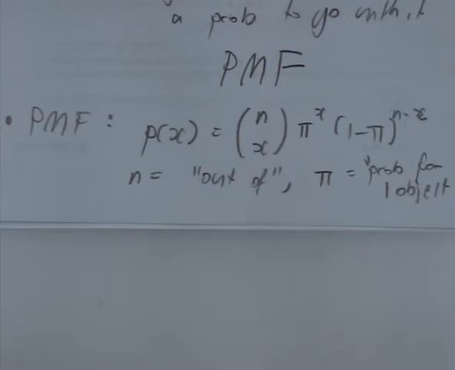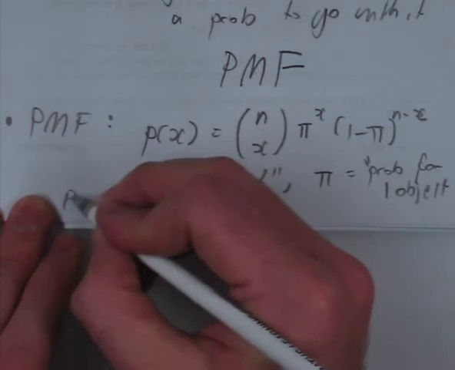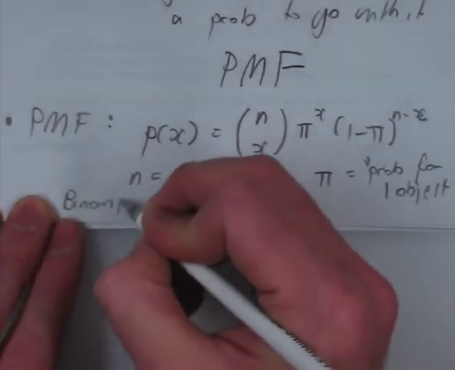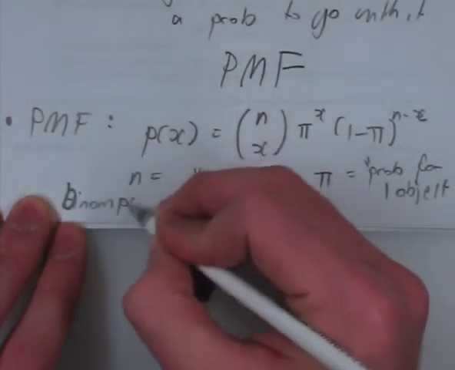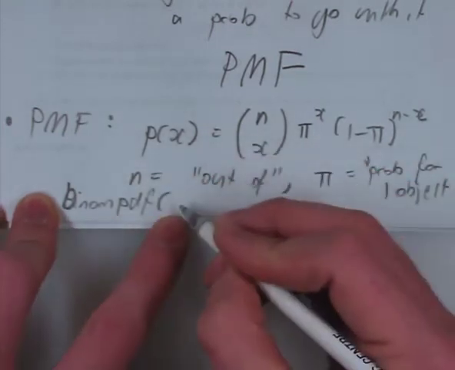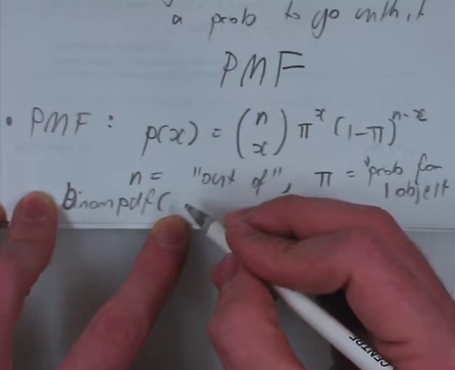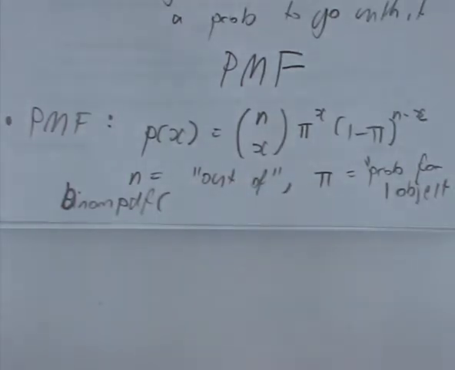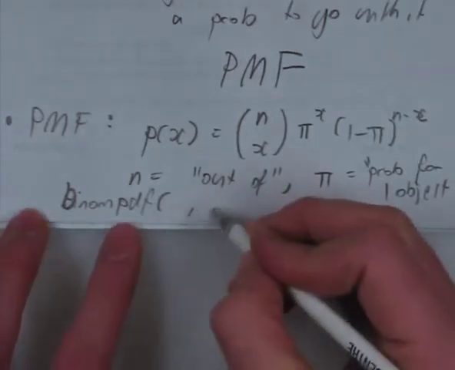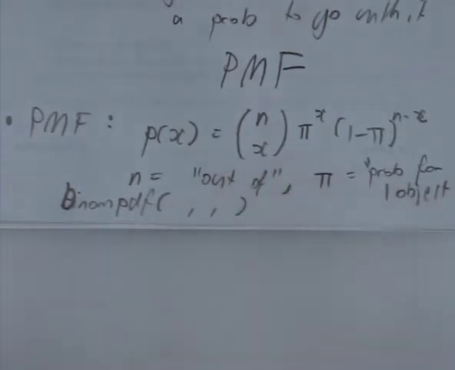Don't you just like binom PDF or something? With a small b, I'm imagining. Binom PDF. And you'd put in the x first, would you? Or the n and the pi first? You need to look that up, because I don't know anything about MATLAB. So that's what you need to look up. But you'll have some commas here, and it will tell you what goes in those spots. And that's the sort of thing that you would put on here.